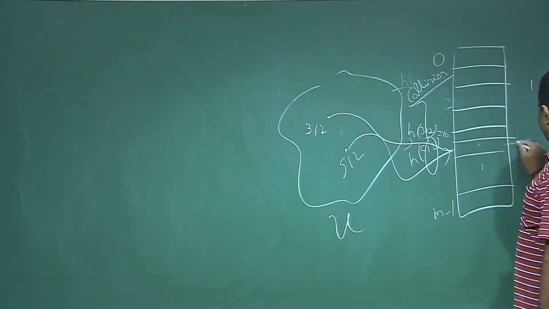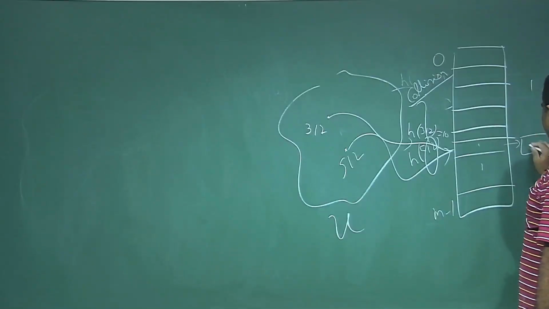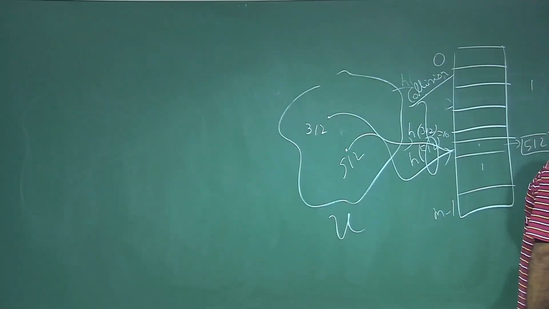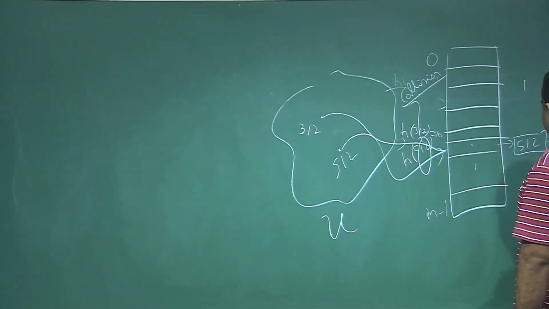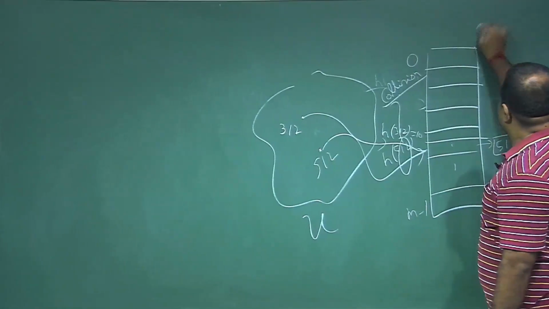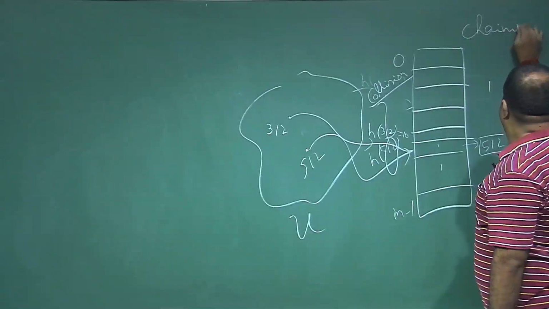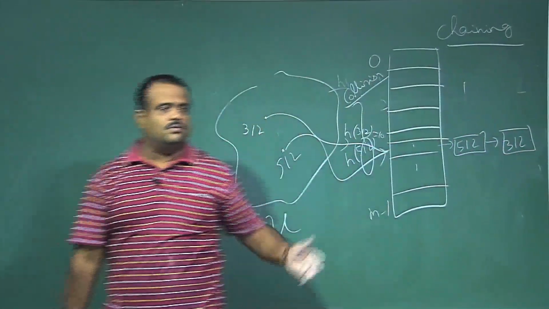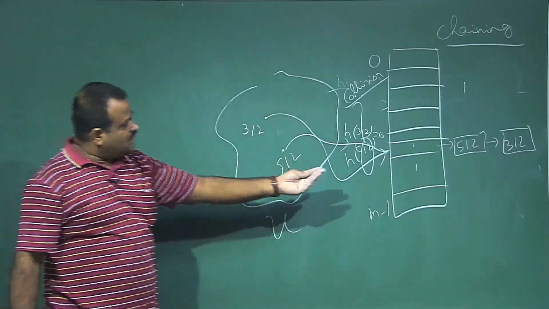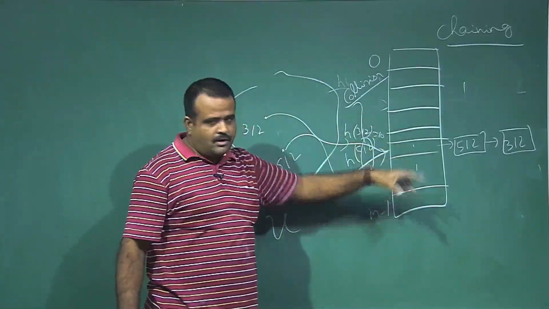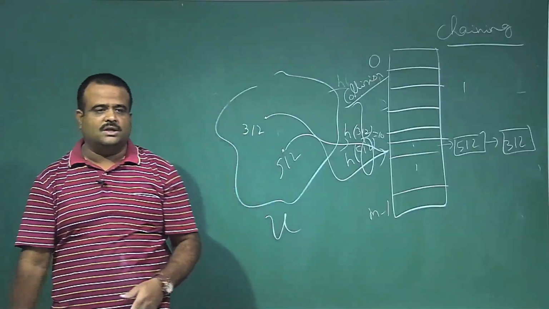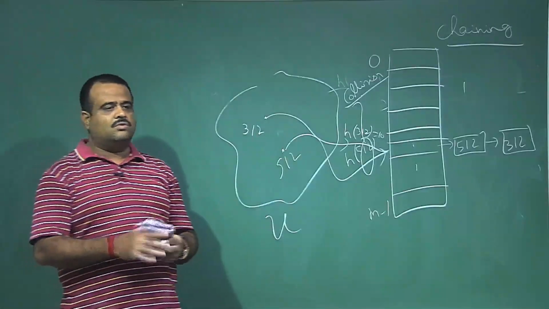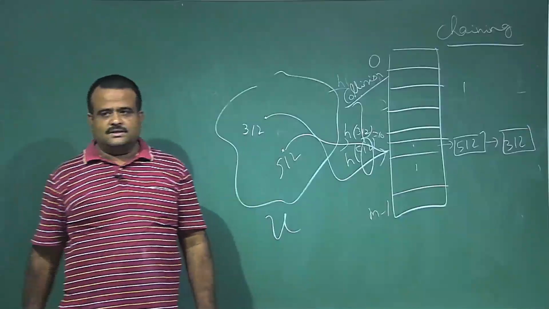So, we can have a chain or linked list. This is called the chaining method. If more than one key collides in a slot, we put them in a linked list.